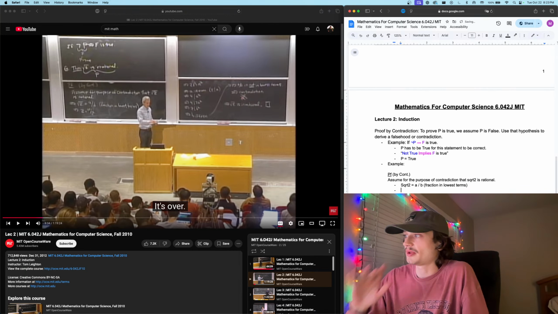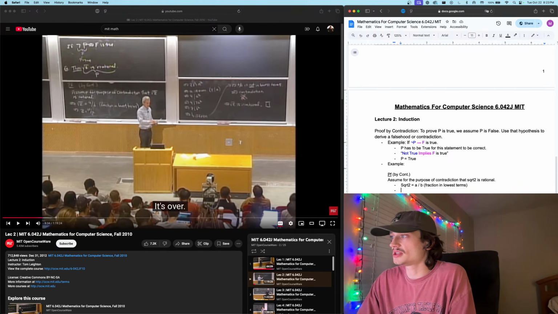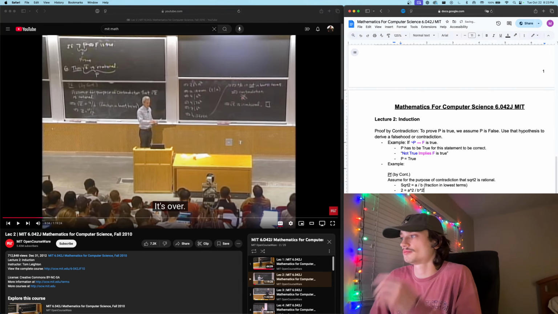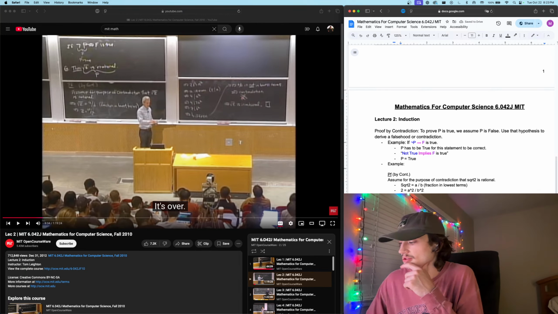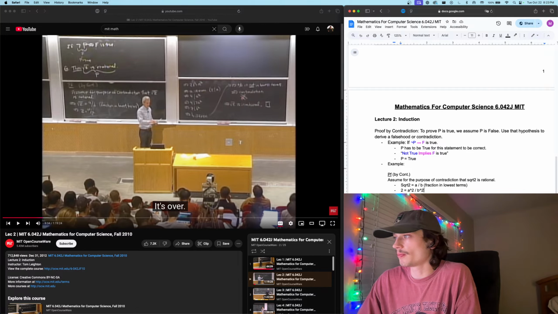Now, that being said, this equals, reduced down further, 2 is equal to a to the power of 2 divided by b to the power of 2. I'll go back and fix this syntax. I'm going to tab over a couple of lines here.